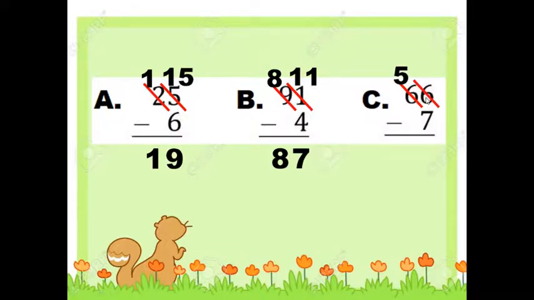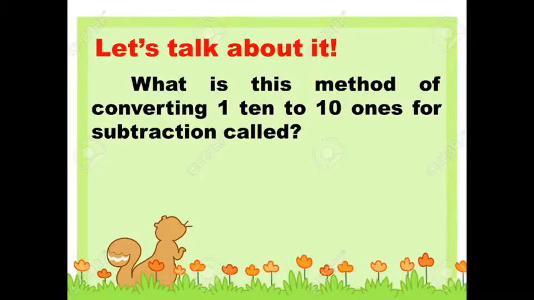And your 6 would become 16. 16 minus 7. Right, that is 9. Bring down tens, which is 5. So the correct answer, letter C, is 59. I hope that you got the correct answers for letters A, B, and C.